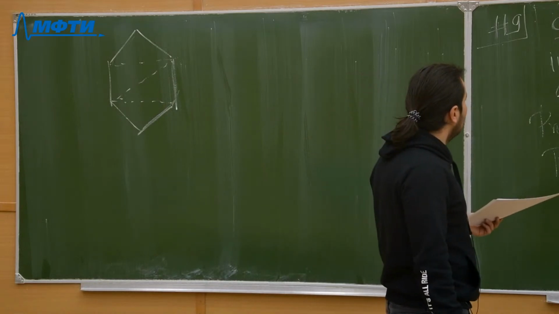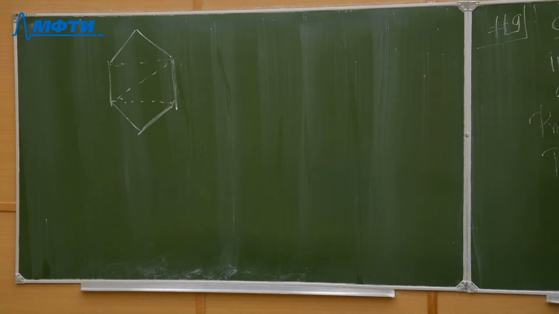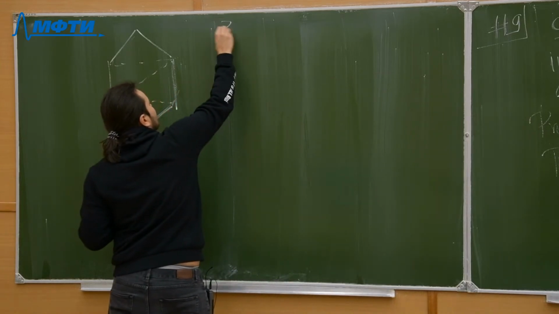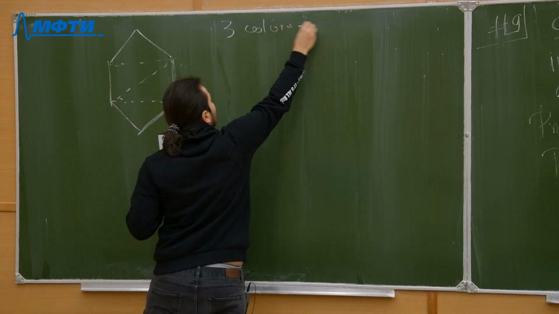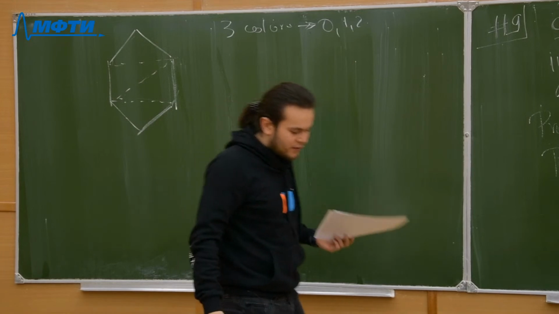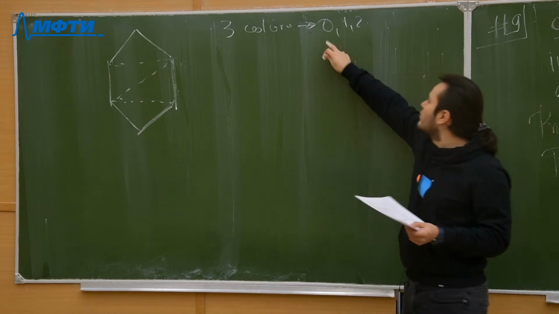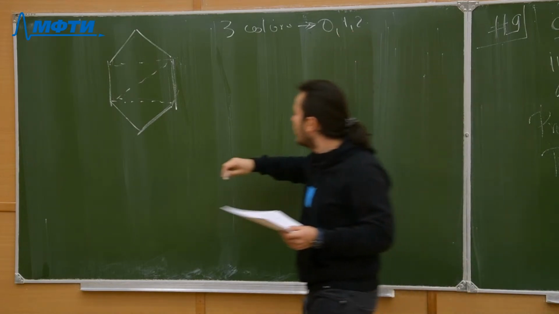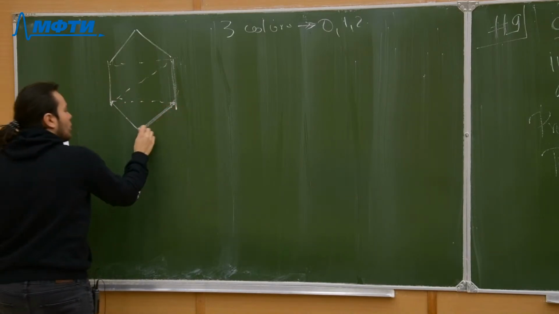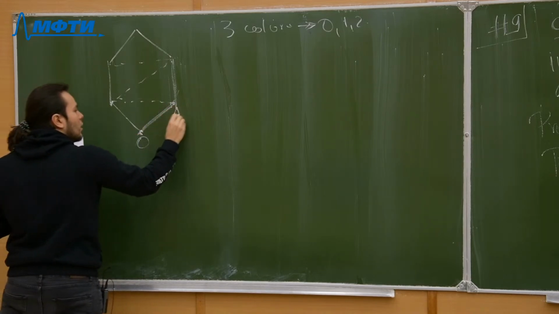Now, next, we say that all the vertices are colored, okay? So it means that we have 3 colors: 0, 1, and 2, okay? 0, 1, and 2 represent black, I don't know, red and blue. It doesn't matter. We can just put 0, 1, and 2, and then we can color each of these vertices here, such that if I have here 0, then this must be 1, okay?